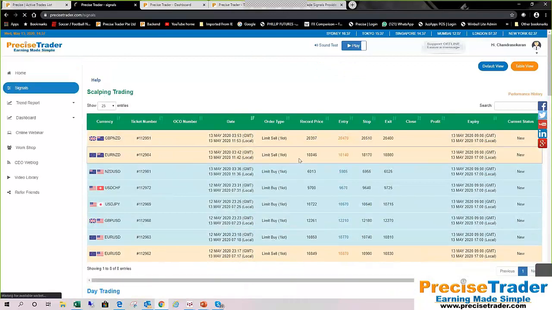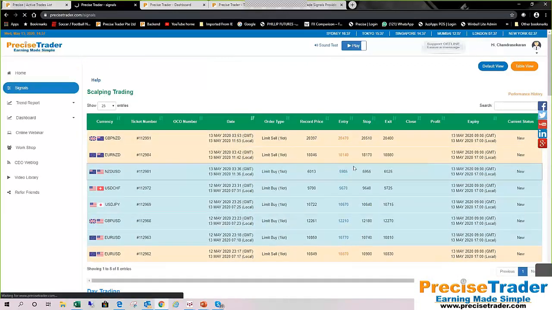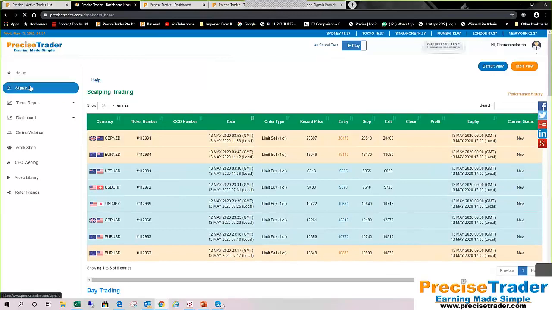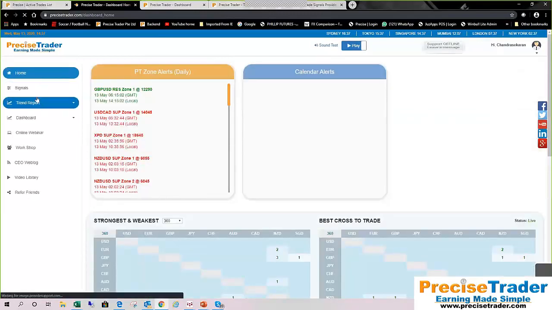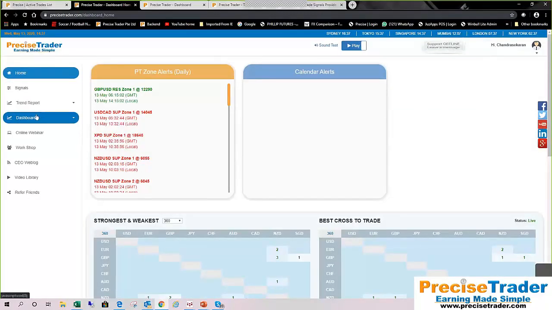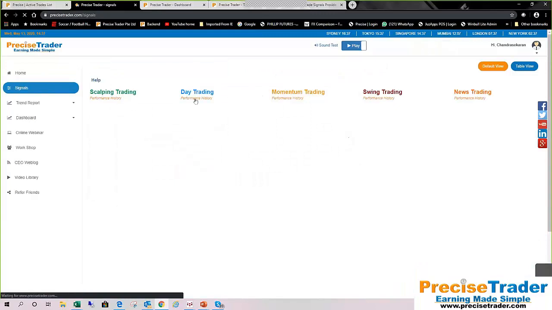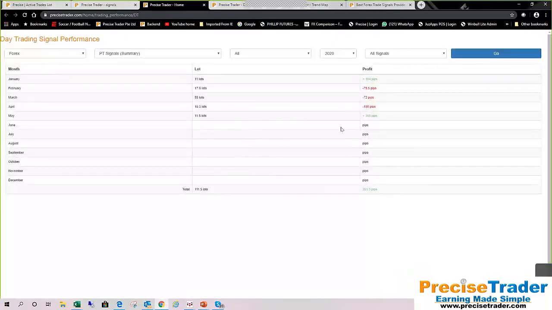Aussie dollar. Yeah, yesterday I think the Aussie dollar profit was only realized today. Aussie dollar, then the Canadian dollar. In fact, some of the trades we only booked this morning.